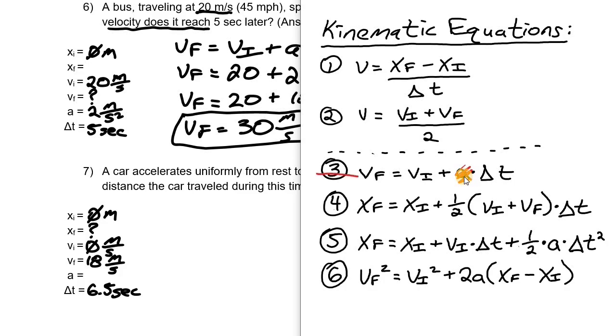We don't care about this one. That's not our formula. What about this one? No. And what about this one? Oh, we got acceleration right there. We don't care about this one. And for this formula right here, we got acceleration right there. So we don't care about that formula. So very simply, we're going to be using formula number 4.